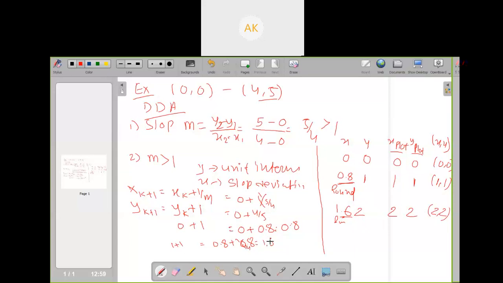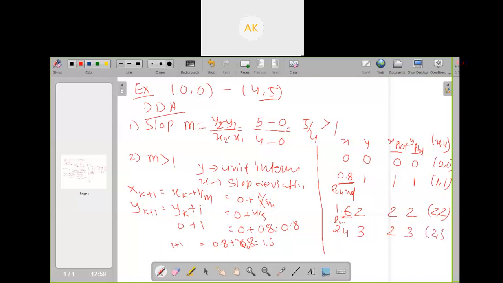Next iteration, previous value is 1.6, plus 0.8, 2.4. Apply round, which is 2, because the value after the point is less than 0.5, so it will be the floor value 2, and increment y in unit interval, which is 3.